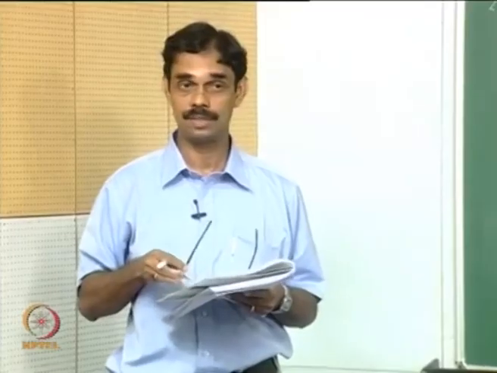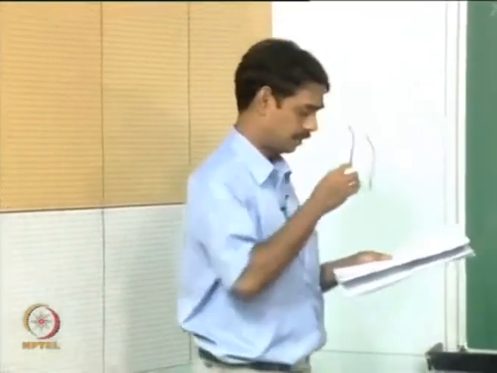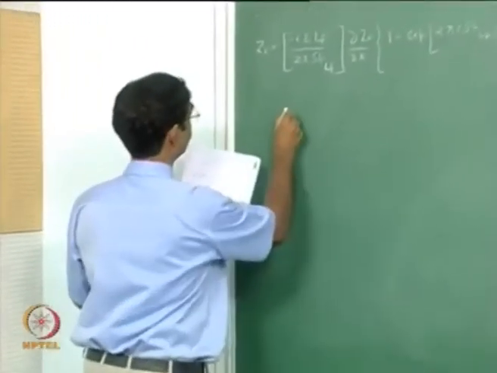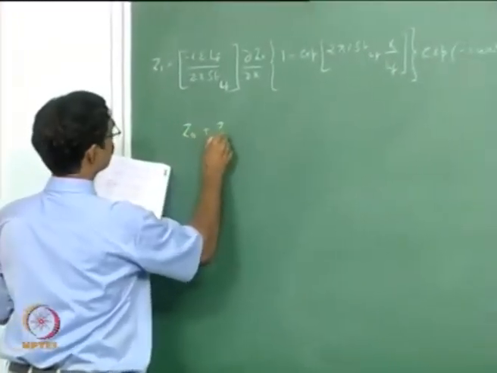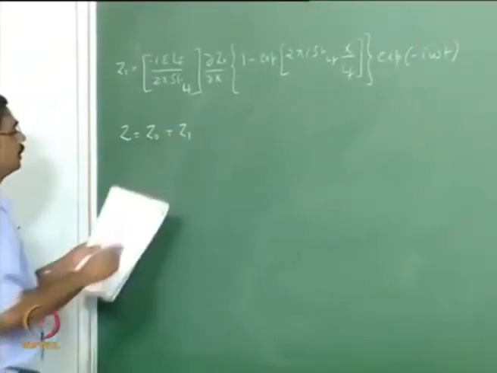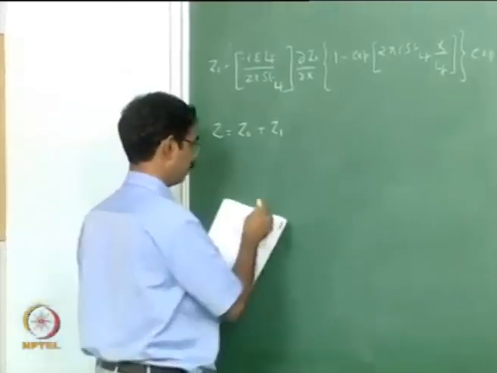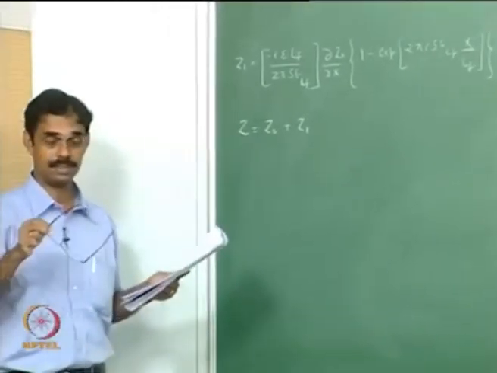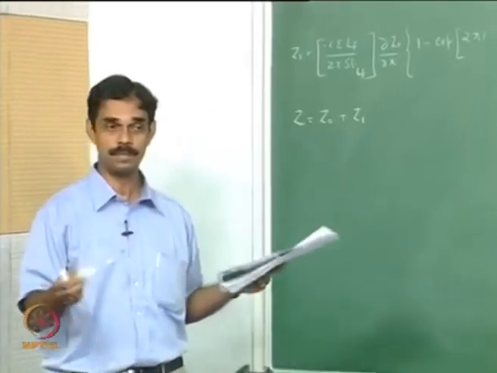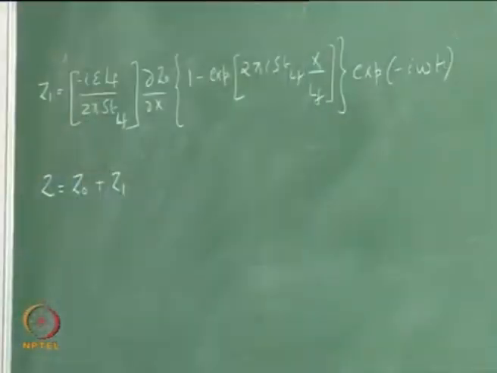We look for the stoichiometric surface, and that is where we have the flame. Z is Z0 plus Z1, that is the instantaneous value. So Z is Z hat times e power minus I omega t, but you have to take the value at that particular instant.